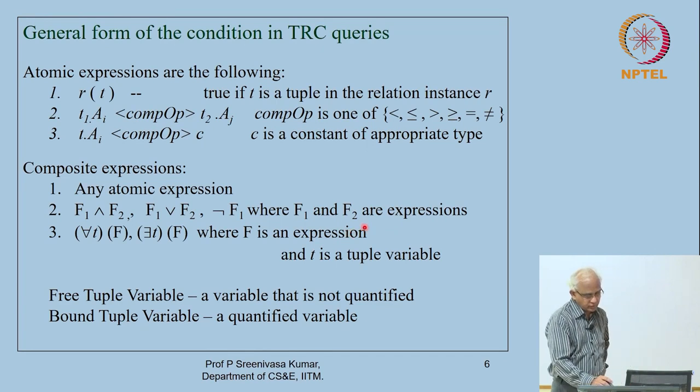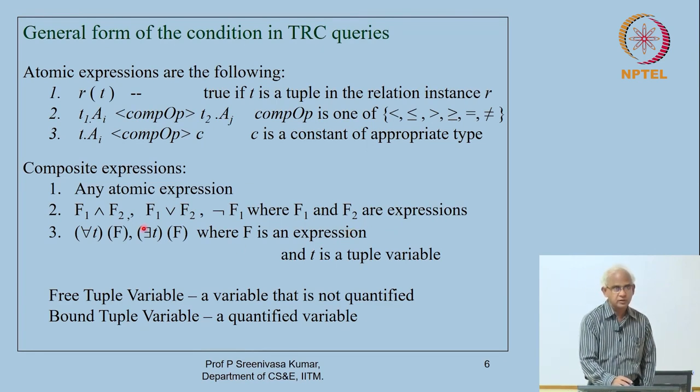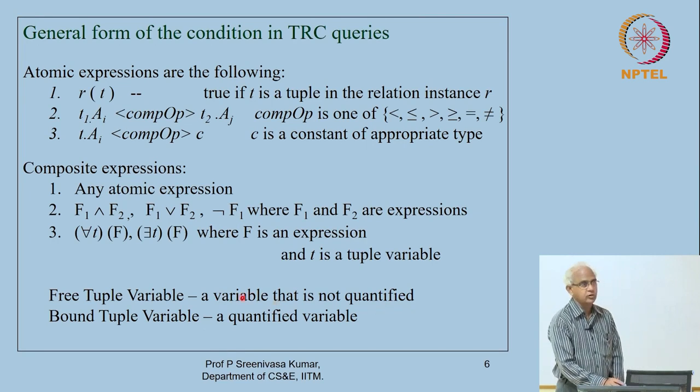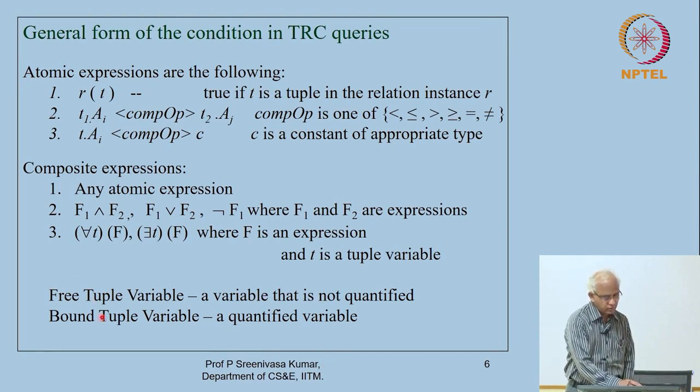So, once we talk about these logic formulas, we have studied in predicate logic what is a free variable and what is a bound variable, and in this case of course, we have tuple variables. So, we have free and bound tuple variables. A variable, informally, that is not quantified is a free tuple variable, whereas the one which is quantified is a bound variable. Okay. So, if you have any doubt about what is free, what is bound, please refer to your discrete mathematics predicate logic portion.